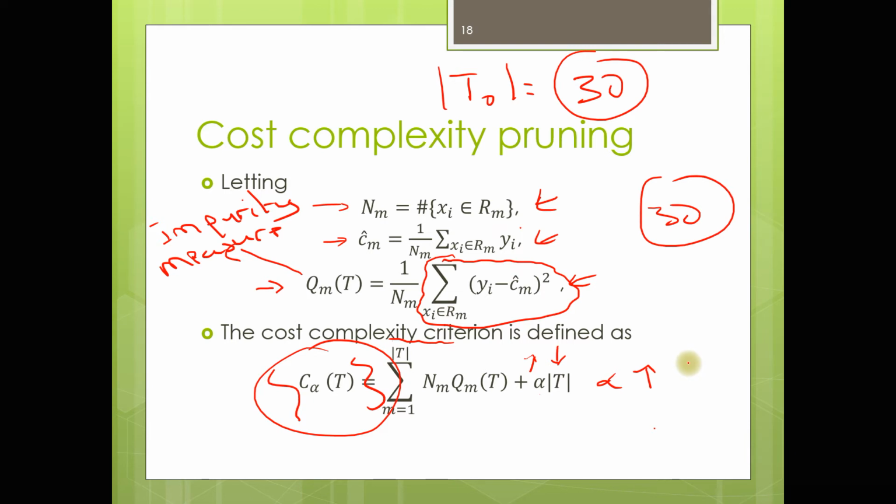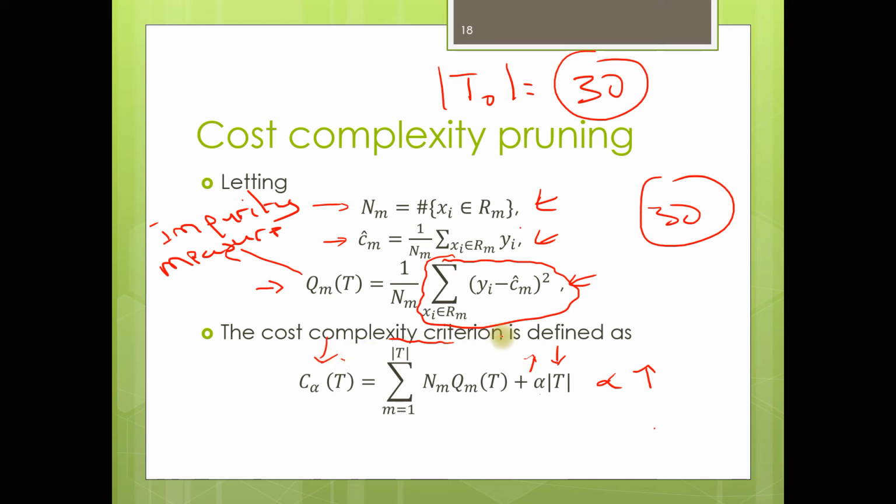In other words, what you are doing here is pruning your tree. So just to repeat, as alpha increases, the number of terminal nodes has to decrease to reduce the cost complexity.